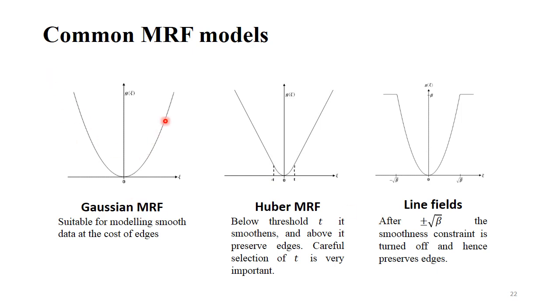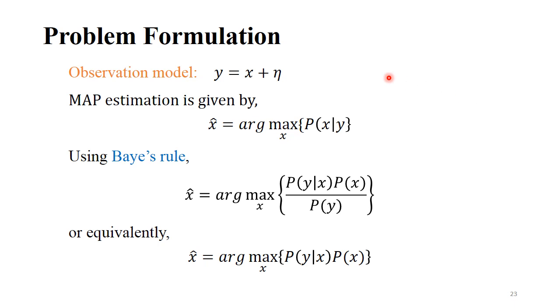So Gaussian is always smooth in nature, for Huber we are going to consider a threshold of minus t to plus t, and line fields have plus or minus square root of beta, beyond which it is constant, no variation. Now coming to the problem formulation. In the problem formulation it is quite important, so just go through these concepts.